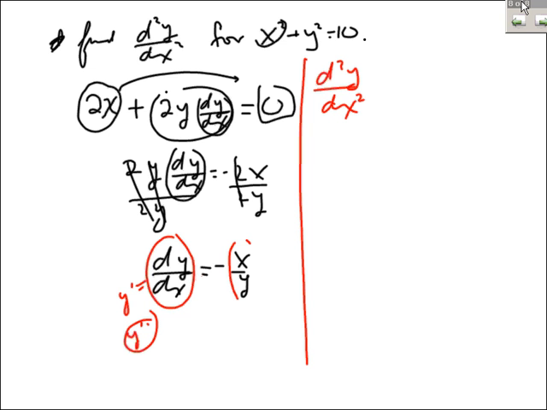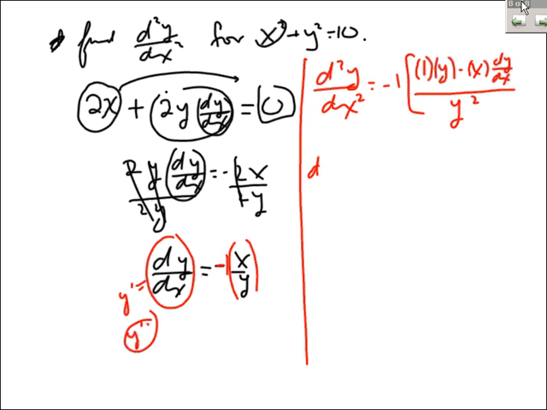This time I'll think of the minus sign, that is the minus 1, as being factored out. Equals negative 1 times. Now we have a quotient, so we use the quotient rule. The derivative of the top, which is 1, derivative of x is 1, times the bottom, minus the top, times the derivative of the bottom, which is dy/dx. And all of this gets divided by the bottom squared.